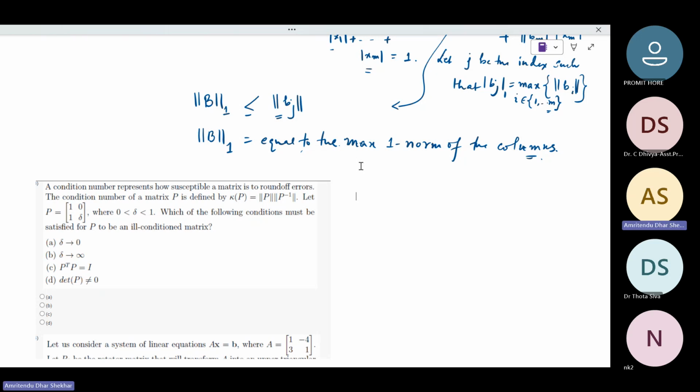Which of the following conditions must be satisfied for P to be an ill-conditioned matrix?